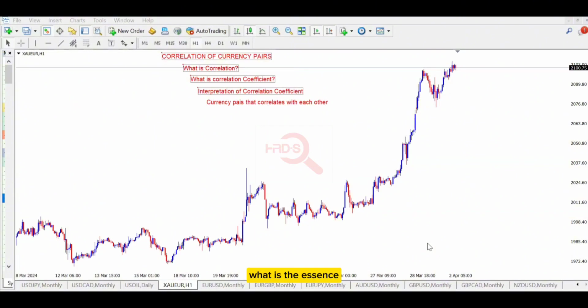So what is the essence of understanding correlation coefficients in this industry? There are people that trade it as their strategy, or they use it as confirmation.